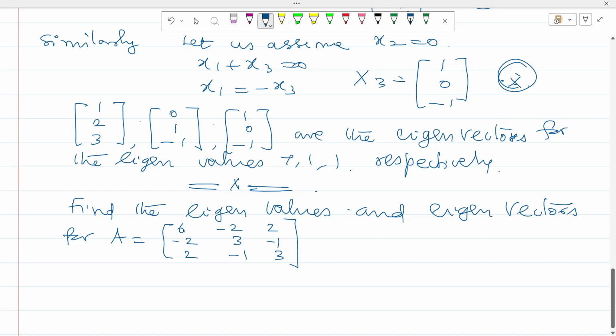See here, 6 minus 2 2, 6 minus 2 2, minus 2 3 minus 1, minus 2 3 minus 1, 2 minus 1 3, 2 minus 1 3. Therefore, A is a symmetric matrix here.